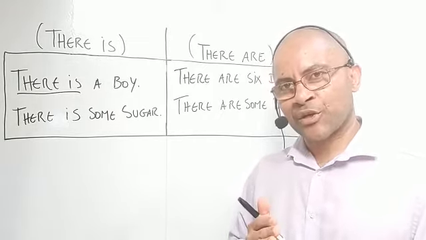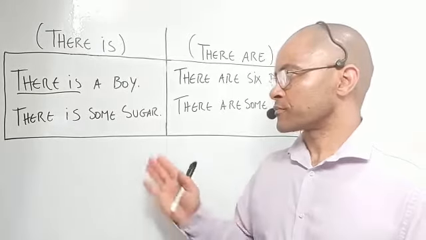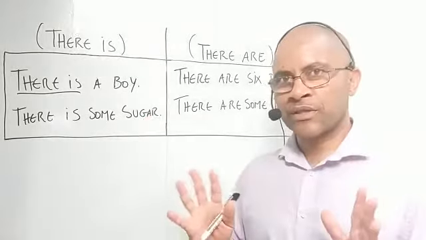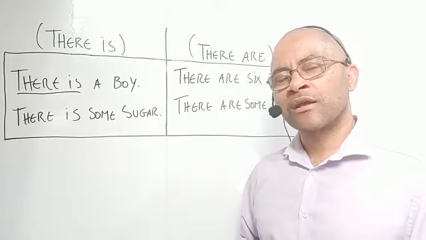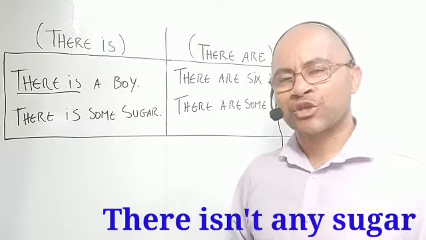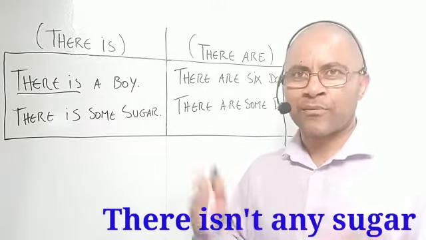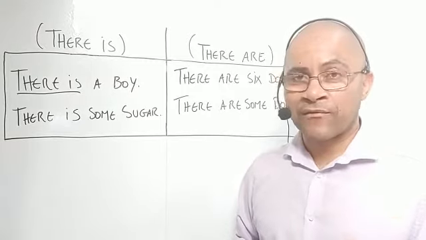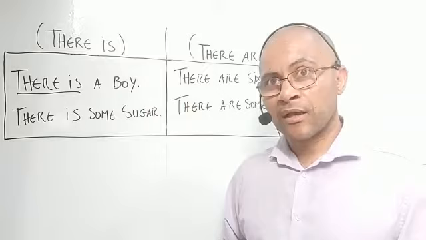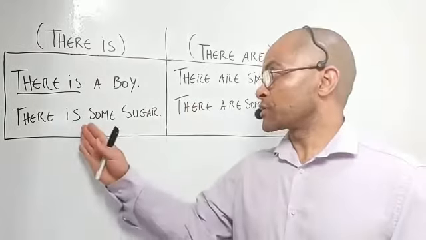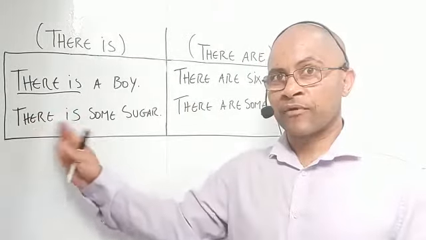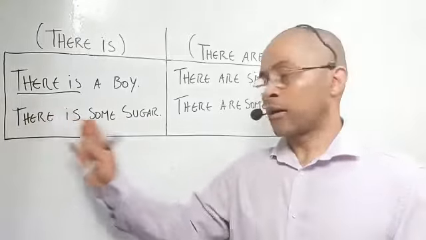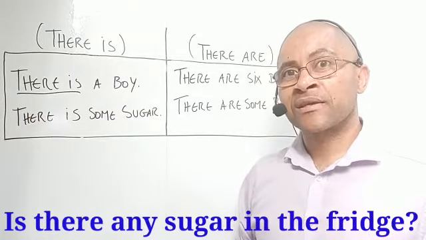Okay, so here we go. Using the short form, we could say there isn't any sugar. For example, in the fridge. Okay, and then for questions, as we've seen up there, we just move verb to be before there, and then is there.